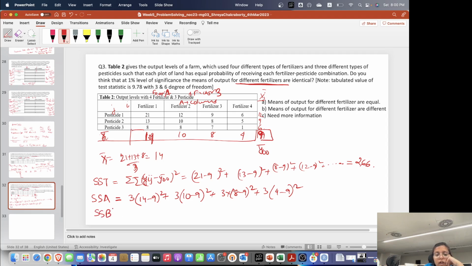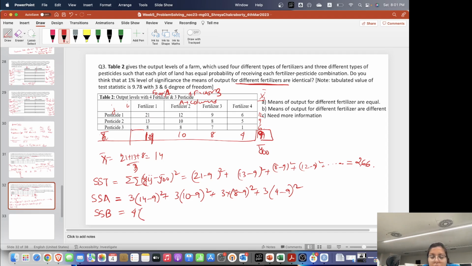SSB, when we are doing, then the rows are my categories. Okay. So then SSB would be n into these row means minus the grand mean. So how many are there in each row? 4.